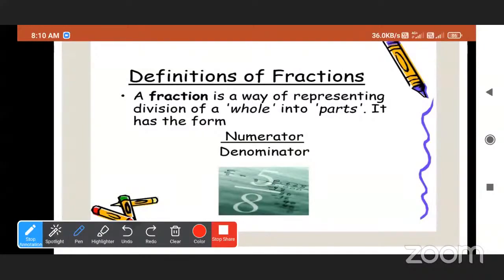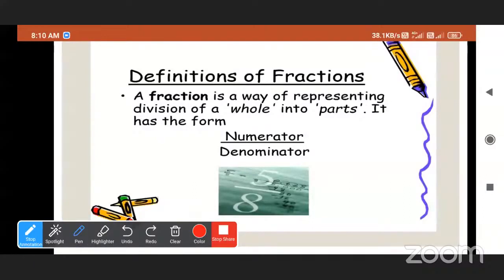Okay, this one is the definition of fraction. A fraction is a way of representing division of a whole into parts. It has the form numerator divided by denominator. See, the example is given 5 upon 8.